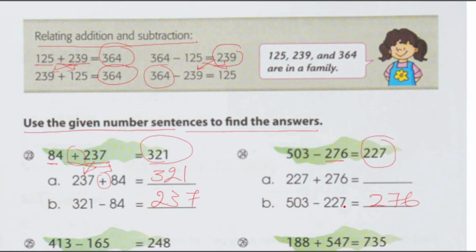But in case of addition, if we add these two numbers, 276 here and 227 in this place, we'll get the bigger number, that means 503. So this is the procedure.